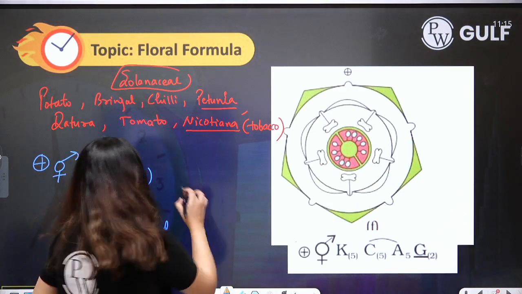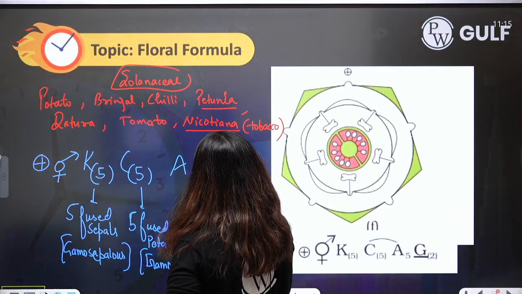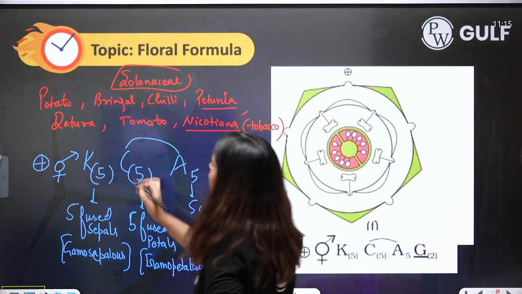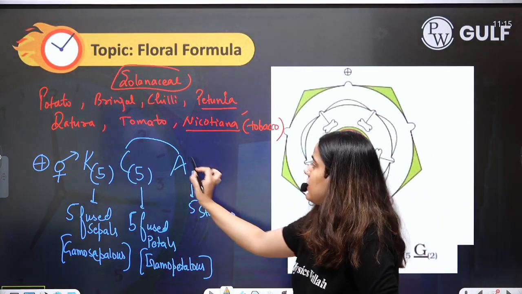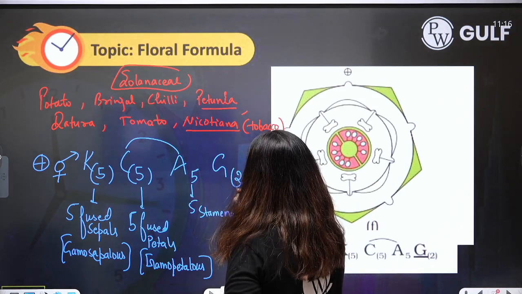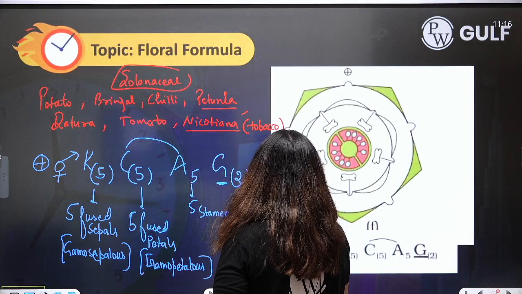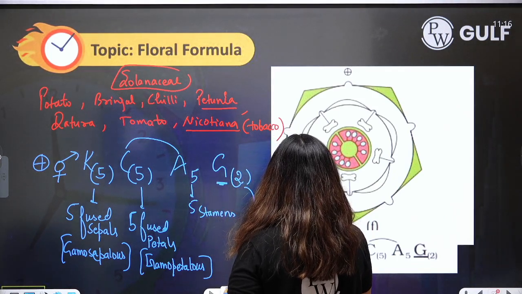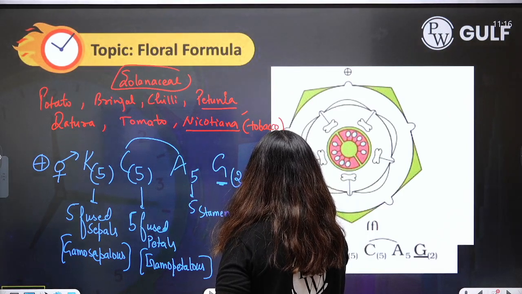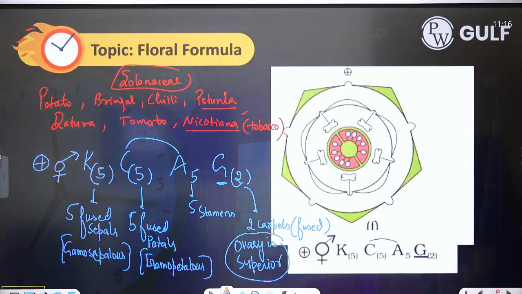Right? Then A is androecium, and there are 5 stamens, and stamens are attached to the petals. This arc represents that they are attached. Gynoecium, 2 carpels are there, fused together, and because the dash is below the G, ovary is superior. So this is the formula of the Solanaceae family.